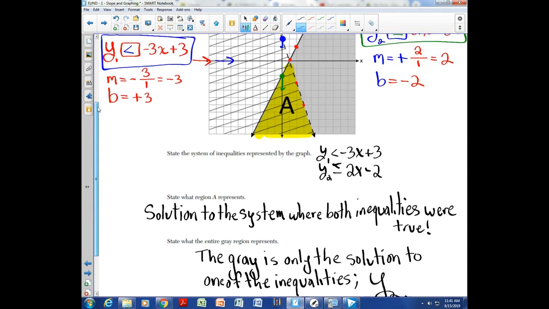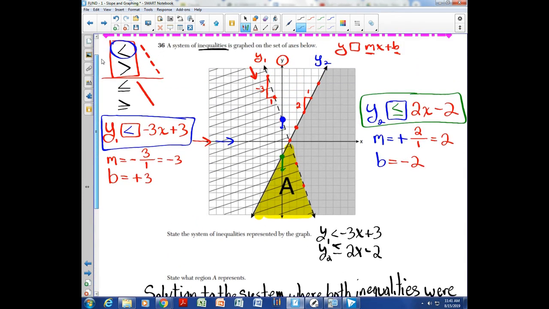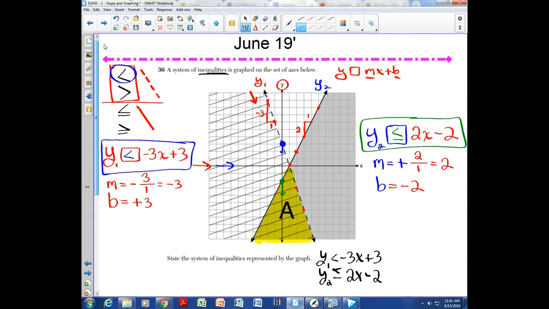Another good thing to practice, which is really not a part of this particular question, is finding a point that exists in the solution A. And one advice I want to give, and another question that might ask that, is to try not to pick a point which is near an intersection, or especially you don't want to pick a point on a dashed line because that is not in the solution.